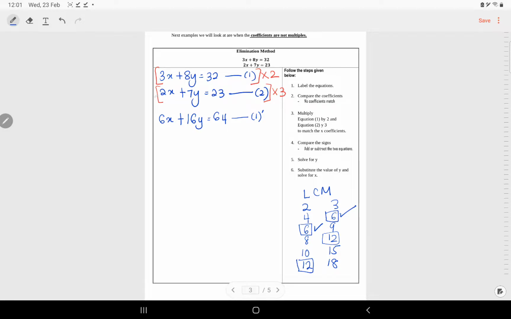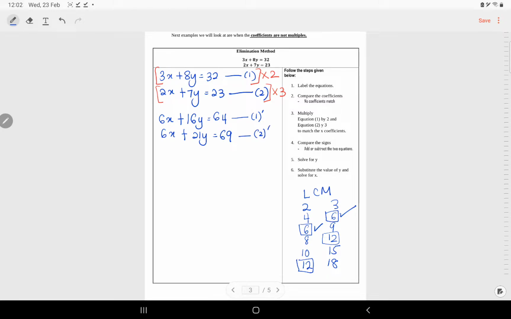Okay, I'm going to multiply equation 2, the whole thing by 3. So everything will be a multiple of 3. So 6x plus 21y equals 23 times 3. That would be 69. Okay, equation 2 dash.